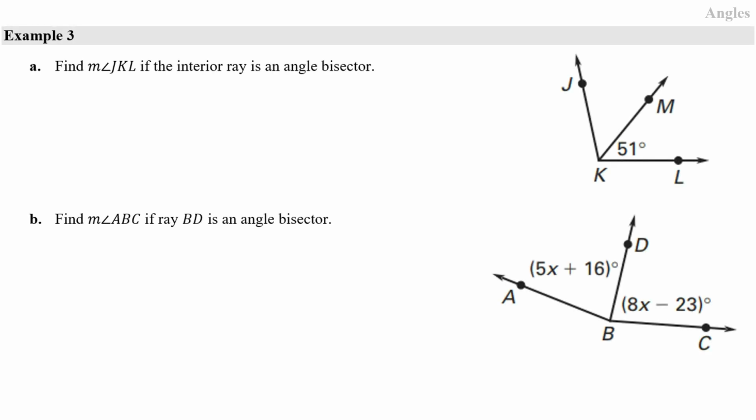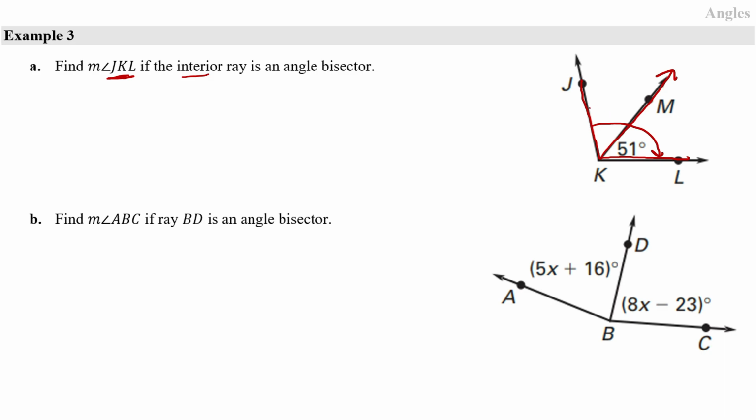So for example 3, it says find the measure of angle JKL. JKL is basically the whole angle. It's saying find the measure of that angle if the interior ray is an angle bisector. So this ray in the middle is bisecting the whole angle.